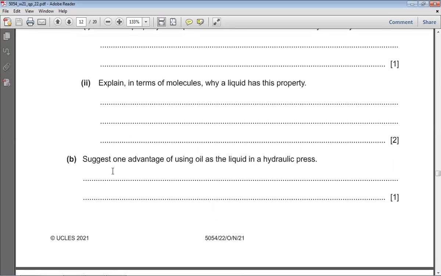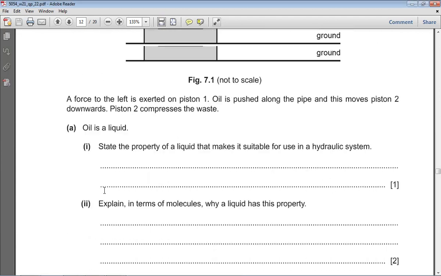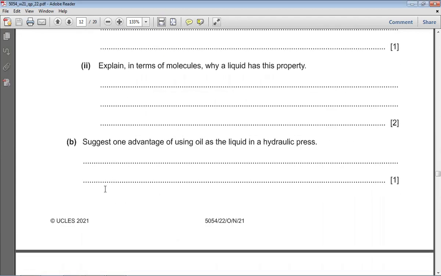Now the next question, question number 7A, second part. It says, explain in terms of molecules why a liquid has this property. So why is the liquid incompressible? The reason is that the molecules in the liquid are close to each other.